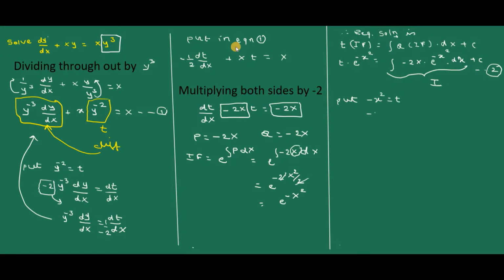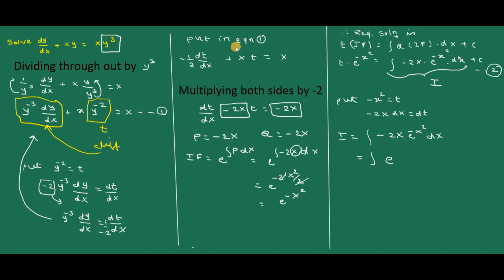Then differentiating, minus 2x into dx is equal to dt. Therefore the above integral becomes I is equal to integration of minus 2x into e raised to minus x square into dx.